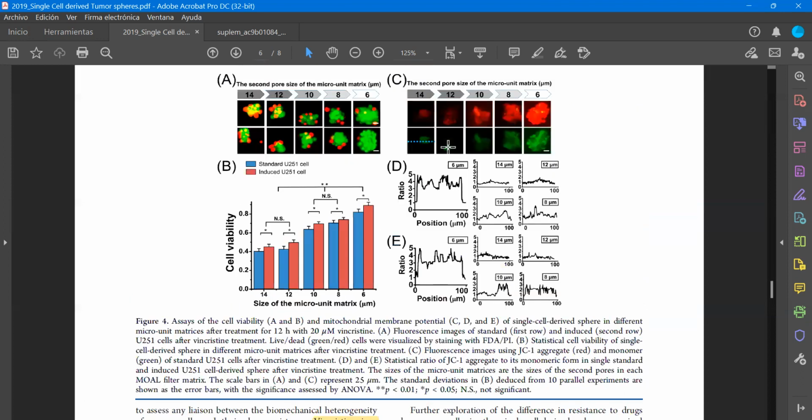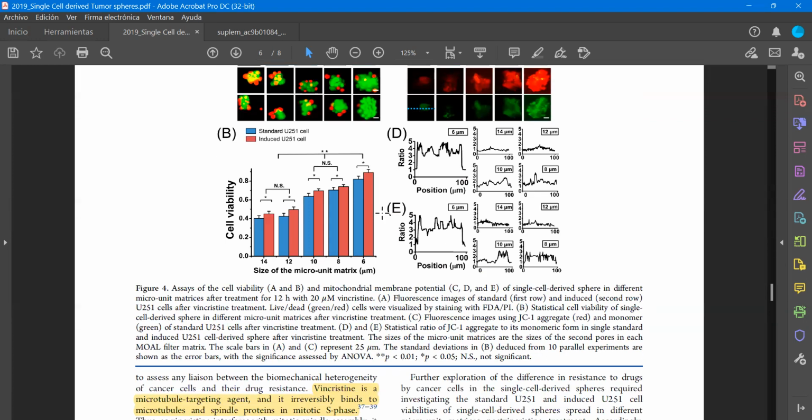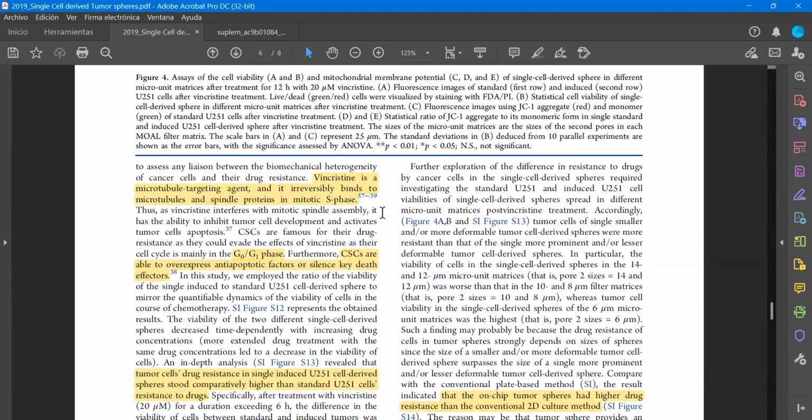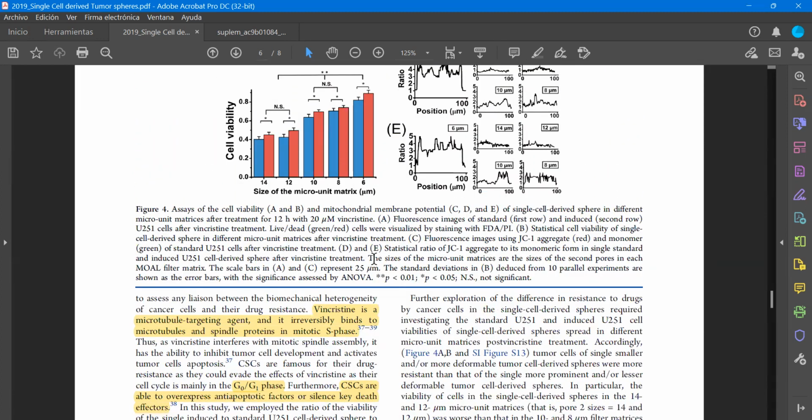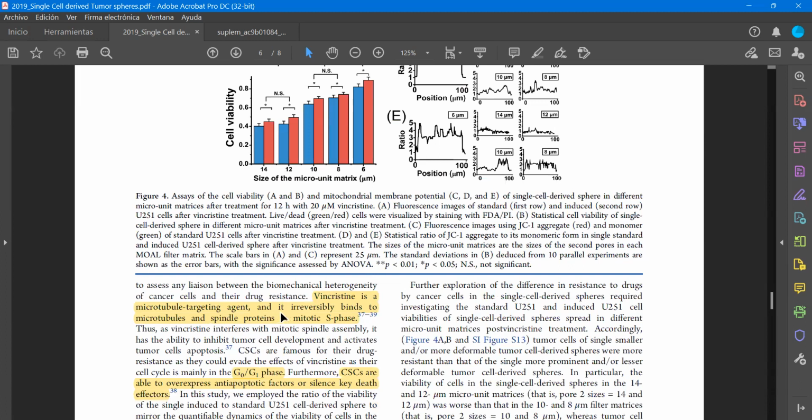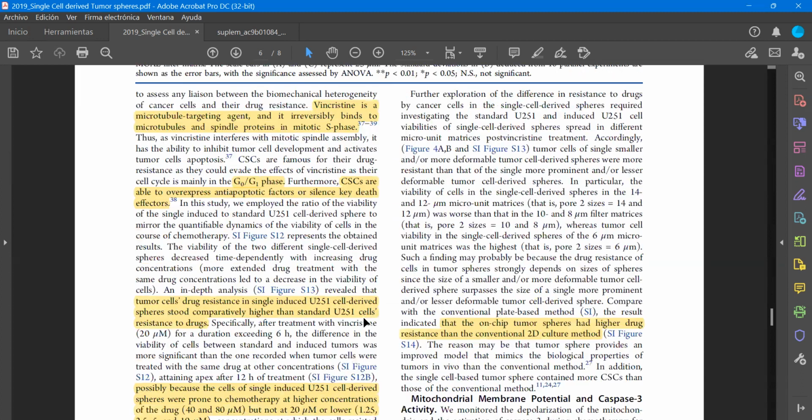And they also checked the cell viability. They did it by measuring the mitochondrial potential, and also when they use this drug vincristine, which is a microtubule targeting agent, and it irreversibly binds to the microtubules and spindle proteins in the mitotic S phase, how it produces apoptosis.